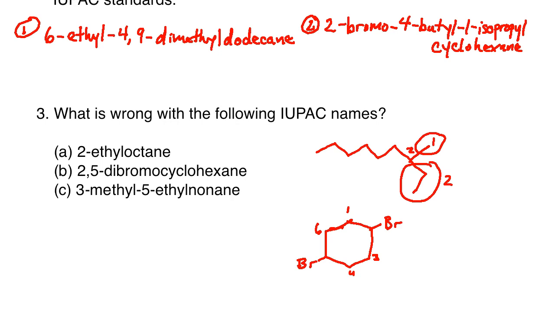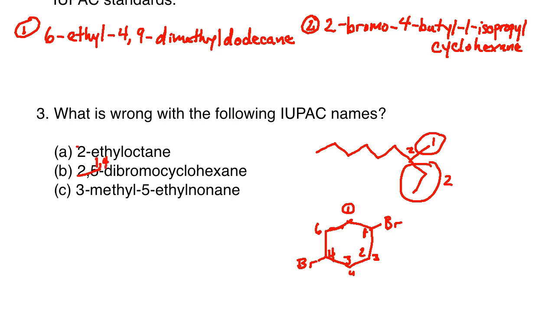The problem with this is that we do not start numbering 1 in an empty position. We need to give it to a substituent. So we would really start numbering 1 right here at the bromo. And then it would be 2, 3, 4. It would be the same in reverse. It would be a 1, 4. So a 2,5-dibromo should really be a 1, 4.